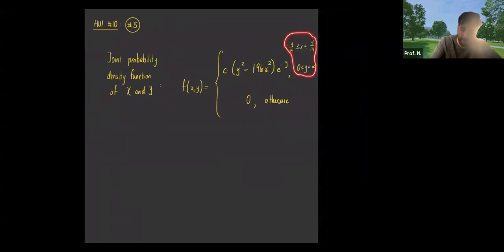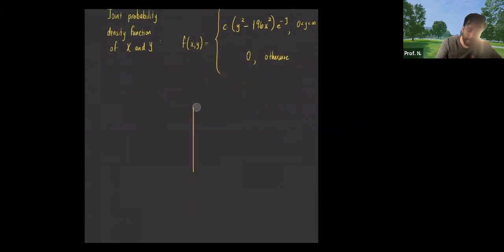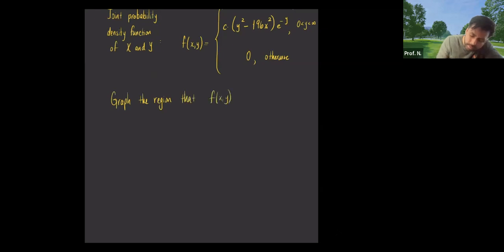Immediately. So when I pay attention to that, I want to see what that looks like. I want to see what that region is like. So I first want to graph the region that f of x y is defined upon.